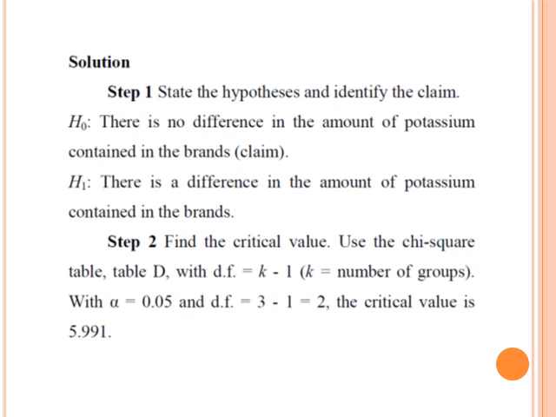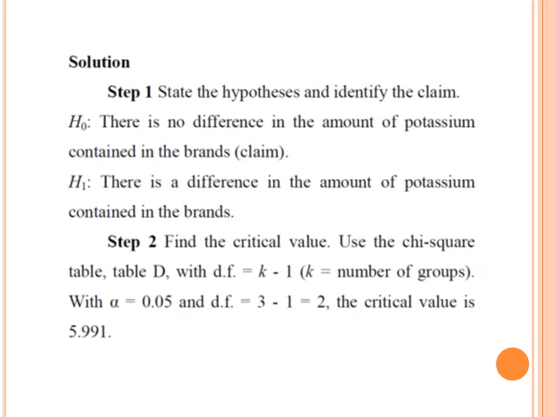Now let's apply the 5 steps of hypothesis testing in the same way. Step 1, we state the hypothesis and identify the claim. We have the null hypothesis and the alternative hypothesis. The null hypothesis is that there is no difference in the amount of potassium contained in the brands. This means that the 3 brands have the same amount of potassium, and this is the claim, because the claim he wants to test is that the 3 brands are equal.